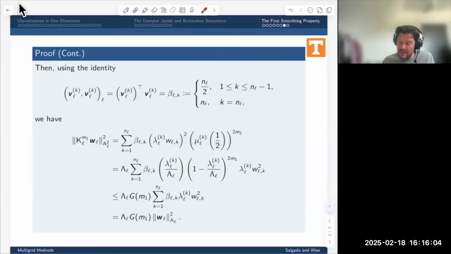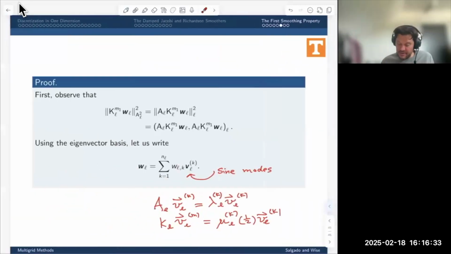The fact that we're applying m1 smoothing passes means that we get a power, 2 times m1, for this eigenvalue. And for the eigenvalues of the standard stiffness matrix, this eigenvalue gets squared, and WLK gets squared as well. Those are the coefficients that you see here.